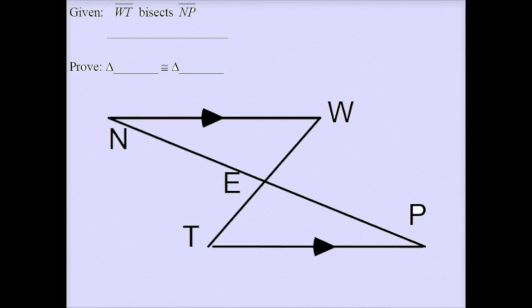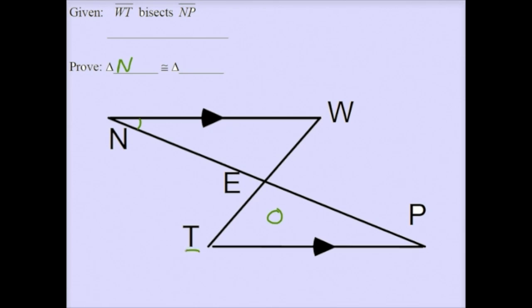So we're given that WT bisects NP, and we want to prove that these two triangles are congruent. So first things first, we need to name the triangles. So if I start with angle N here as one of the vertices in my triangle, the corresponding angle in this second triangle, we have a choice.